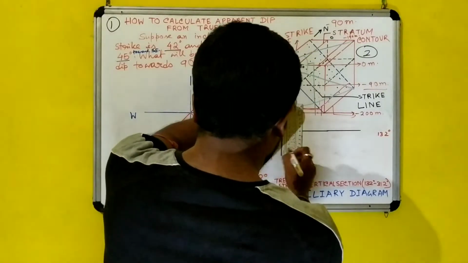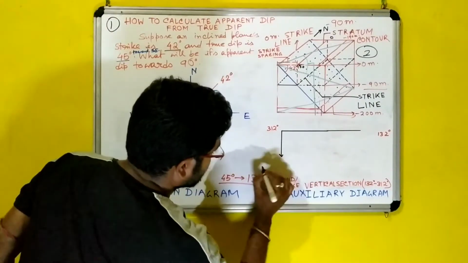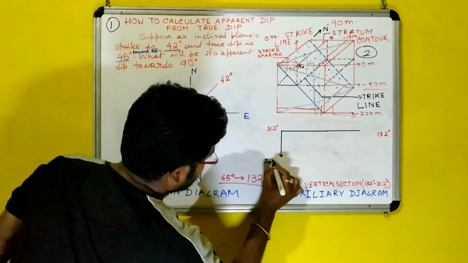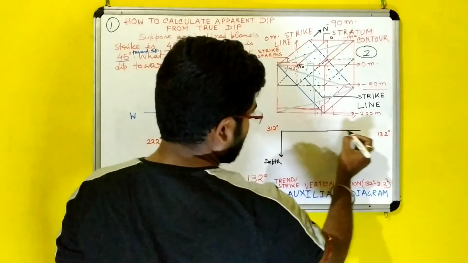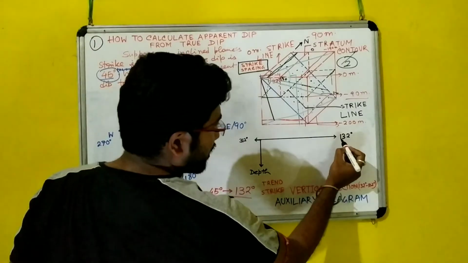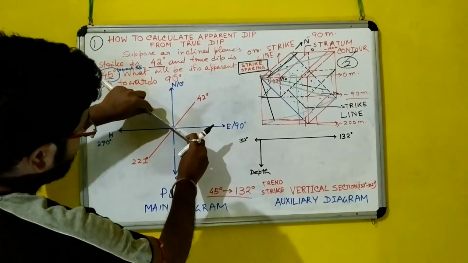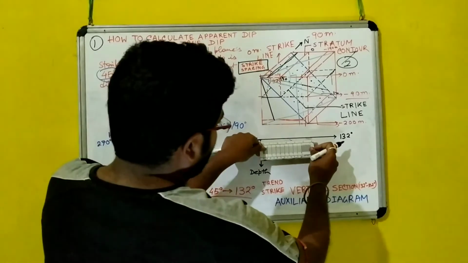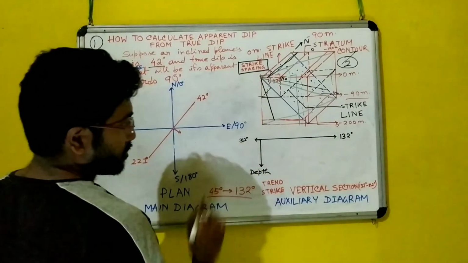This is the vertical line. Along this, depth is increasing, and this is the horizontal line. So here the direction is 132, as this is the vertical section we are drawing here. This direction is 132, this direction is 312.